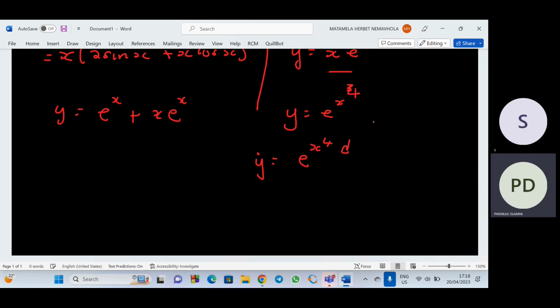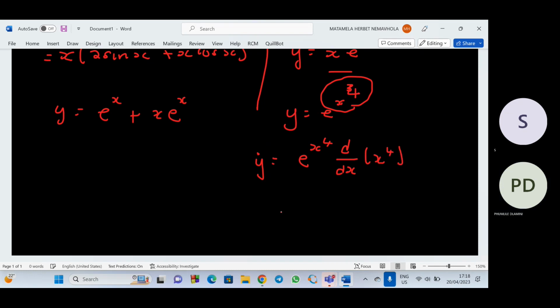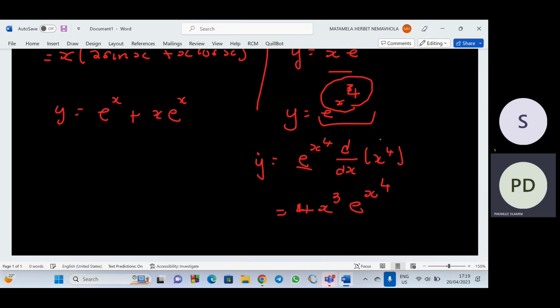Then we differentiate what is on top here, so we find d over dx of x to the power 4. When we differentiate x to the power 4, you know the answer will be 4x to the power 3. Then e to the power x to the 4 stays. So we just differentiated this one.